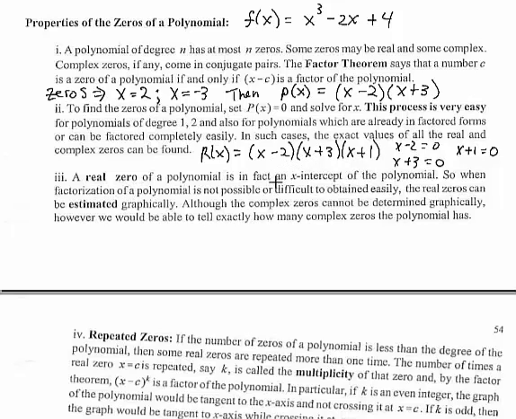3. A real zero of a polynomial is in fact an x-intercept of the polynomial. If factorization of a polynomial is not possible or difficult to obtain easily, real zeros can be estimated graphically. We've done this before. Complex zeros cannot be determined graphically.